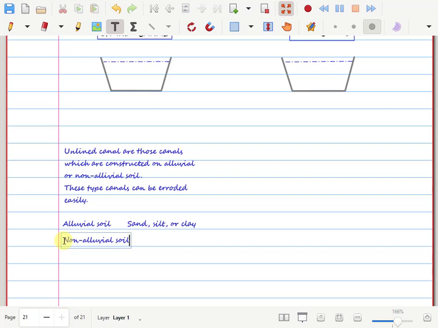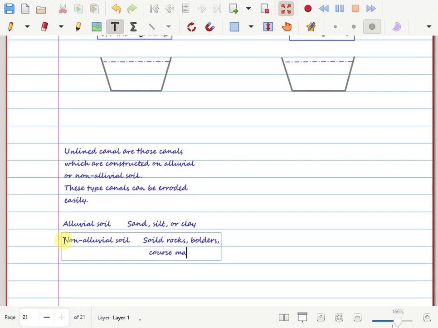Non-alluvial soil can be maybe solid rocks. It can be your boulders, or maybe coarse material.